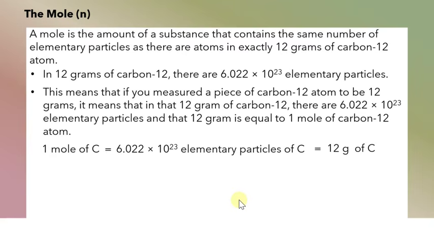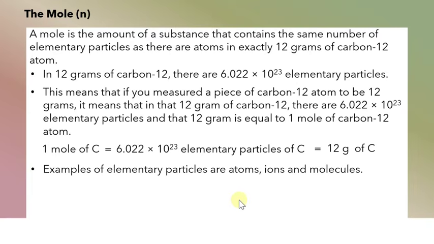So if you are given 1 mole of carbon, know that in that 1 mole of carbon there are 6.022 times 10 to the power 23 elementary particles of carbon, and also that same 1 mole is equal to 12 grams of carbon. Examples of these elementary particles that we are talking about are atoms, ions, and molecules.